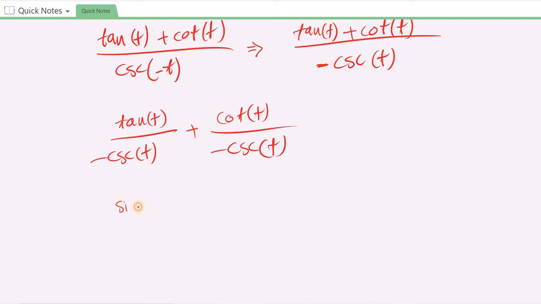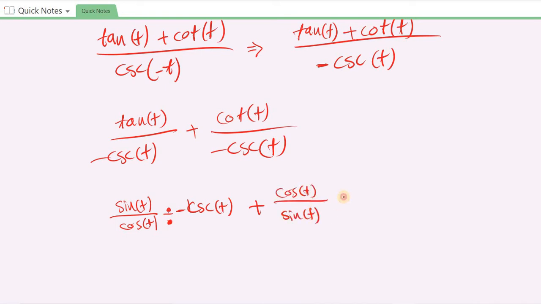So I will say sine t over cosine t divided by negative cosecant t, and then plus, same here, cotangent is cosine over sine, cosine t divided by sine t divided by negative cosecant t.